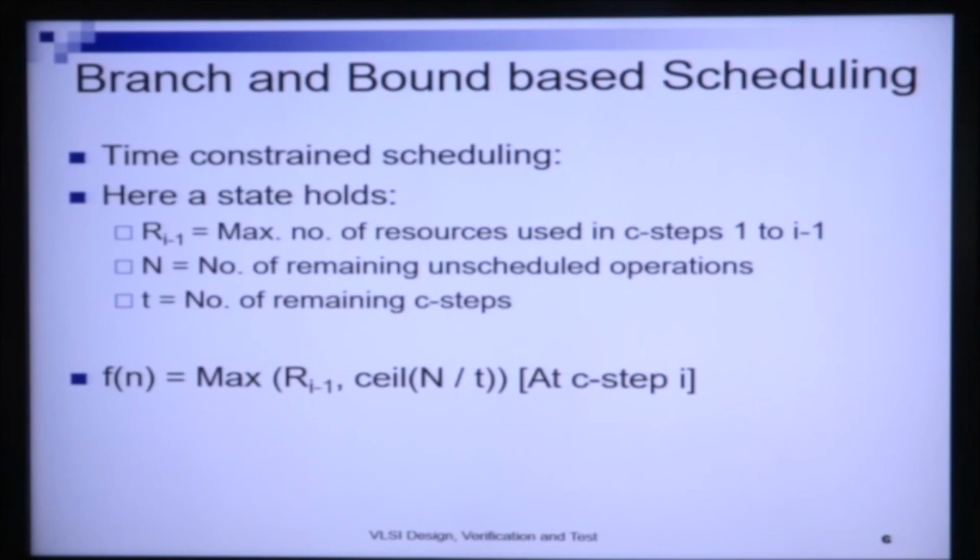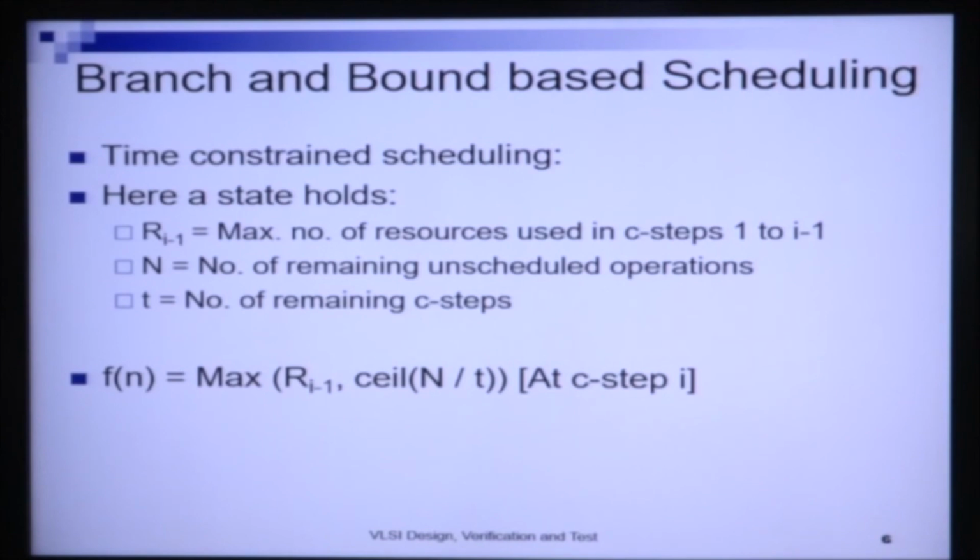A very crude pruning function here would be the maximum of R(i-1), which means the maximum of the number of resources that I have already used in any of the prior time steps, from i equal to 1 to i equal to i minus 1. That means before the current time step, the maximum number of resources in any given time step that I have used, and a lower bound on the minimum number of resources that I may need to use at any given time step for the remaining time steps.